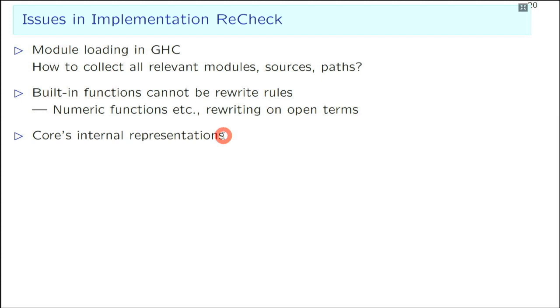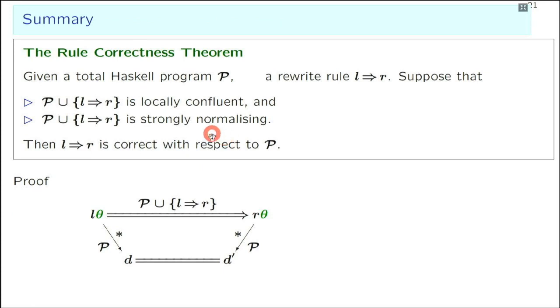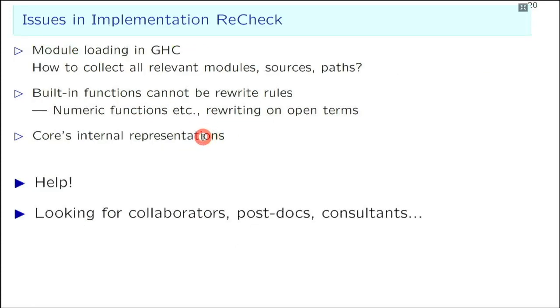So I must resolve this. But what I want to say here is that I actually need help from someone. I'm looking for a collaborator, or postdoc, or maybe consultants, to help resolve this kind of issue. So if you know some good idea to resolve this, please tell me and ask me. Yeah, that's all. Thank you very much.